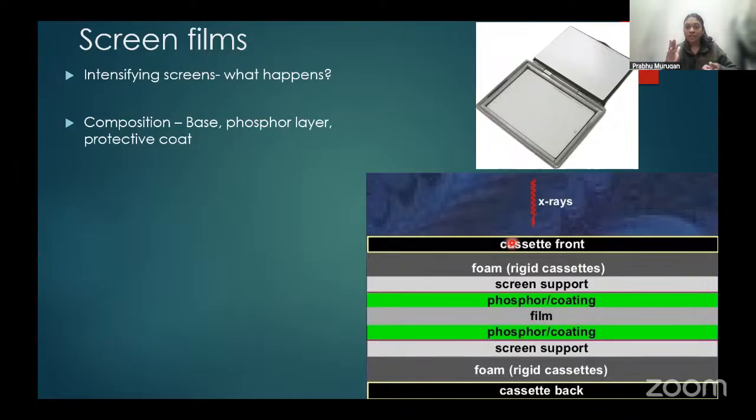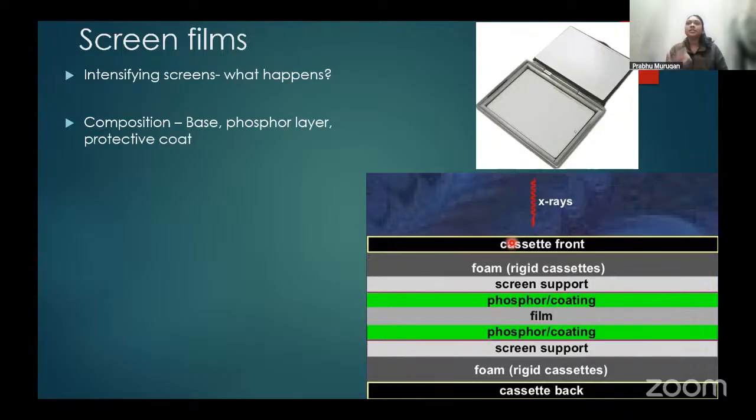This conversion takes place with the help of your intensifying screens. The intensifying screen absorbs the incoming X-ray photons, converts them into visible light, and this visible light exposes the silver halide grains present in the X-ray film.